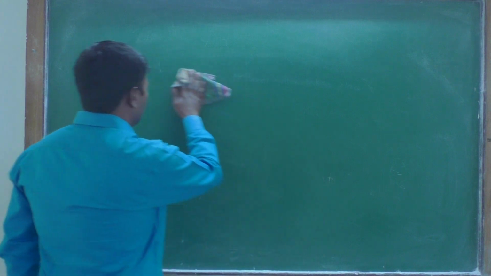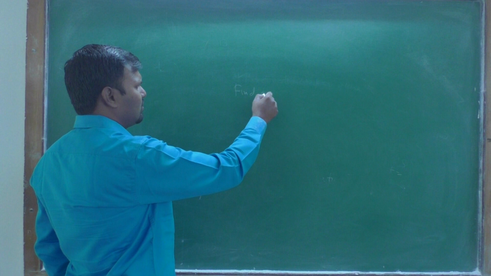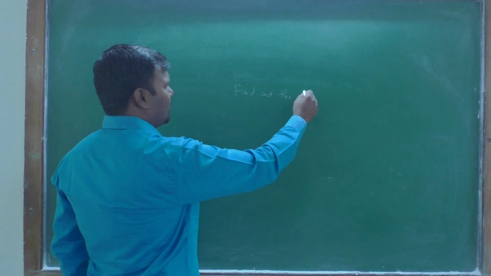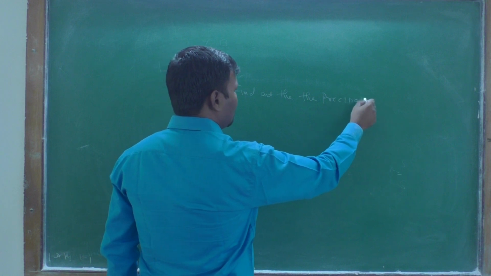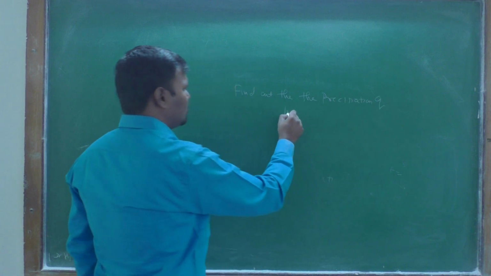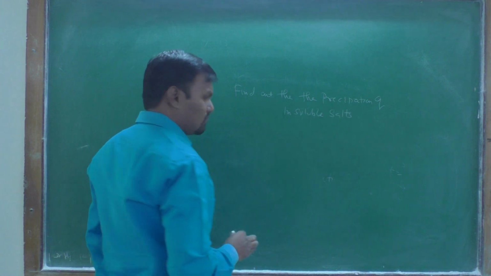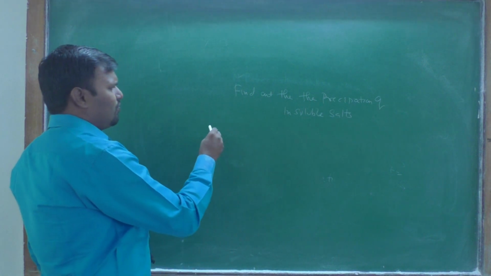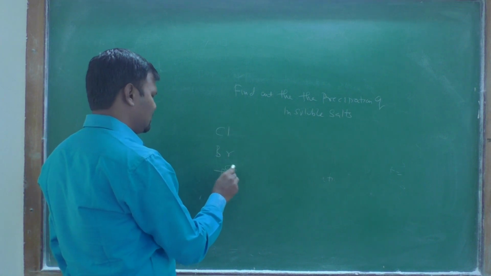Okay, now to find out the precipitation of insoluble salts. Suppose you have to find out the chlorides, bromides and iodides.